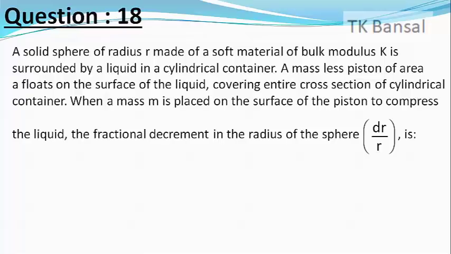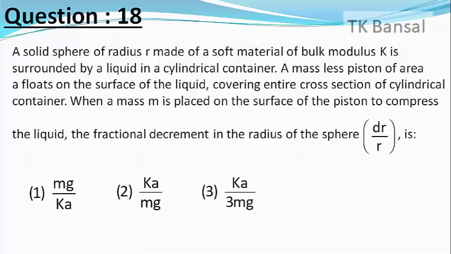When a mass m is placed on the surface of the piston to compress the liquid, the fractional decrement in the radius of the sphere, dr by r, is. My choices are mg by KA, KA by mg, KA by 3mg, and mg divided by 3KA.